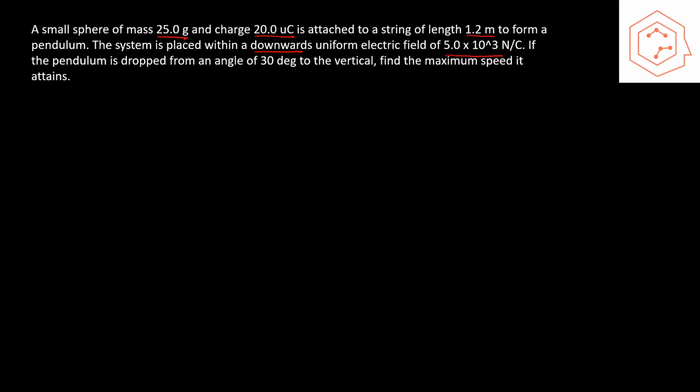And we want to know, if we drop the pendulum from an angle of 30 degrees, what is the maximum speed it attains. So if we consider our system, we have a string of length 1.2 meters, a mass of 25 grams, and charge 20 microcoulombs.